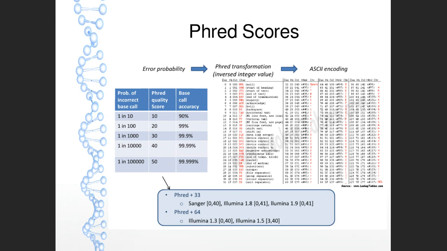Then we're going up in a log scale, so 1 in 100 is a Phred score of 20, 1 in 1,000 is a Phred score of 30, 1 in 10,000 is a Phred score of 40, and 1 in 100,000 is a Phred score of 50. So the higher the Phred score, the lower the probability of a base being called incorrectly.